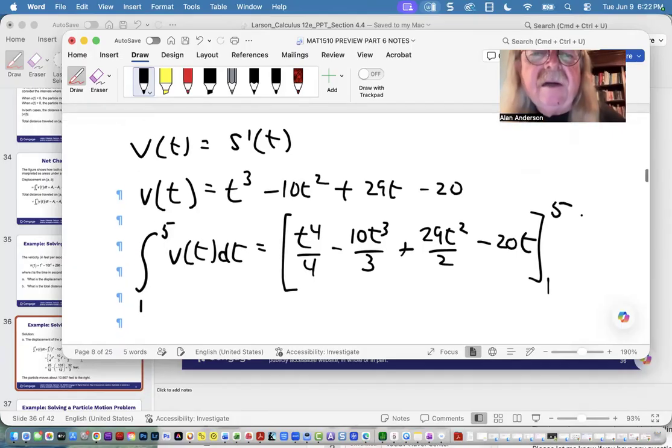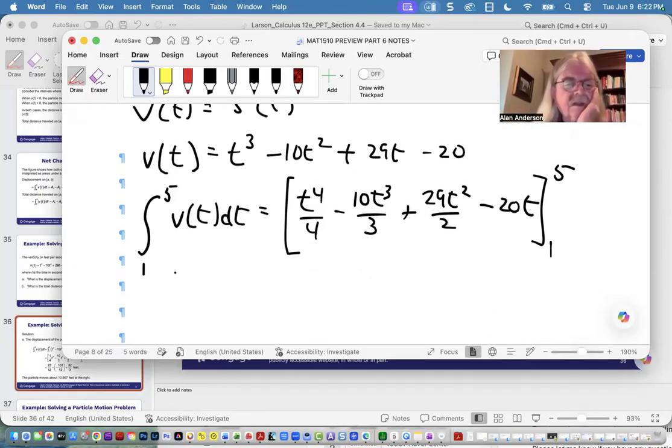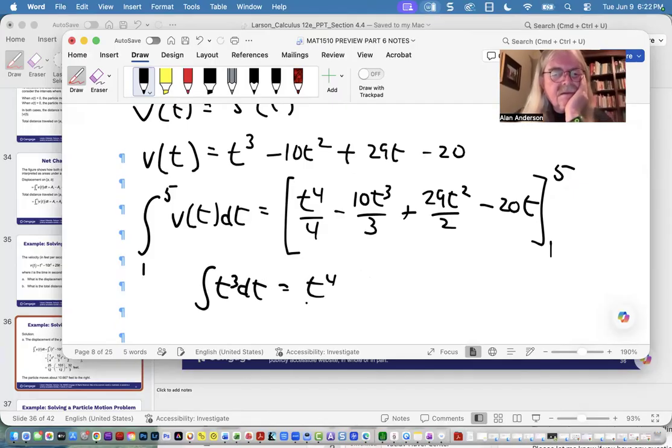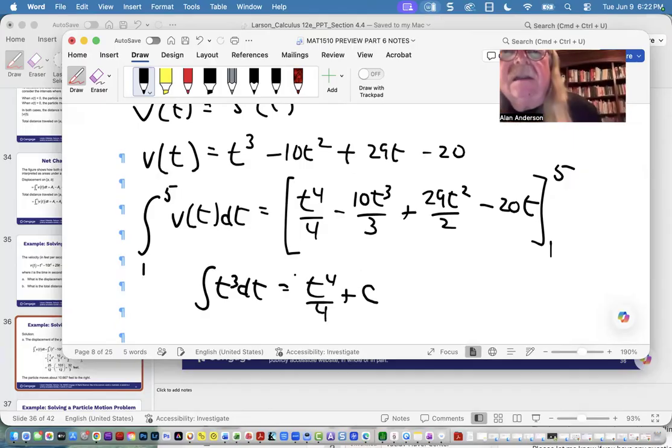Now, of course, I'm using the power rule here. For example, the integral of t cubed. And normally there'd be a constant there, but we don't need it because here we're using it for a definite integral. Okay.